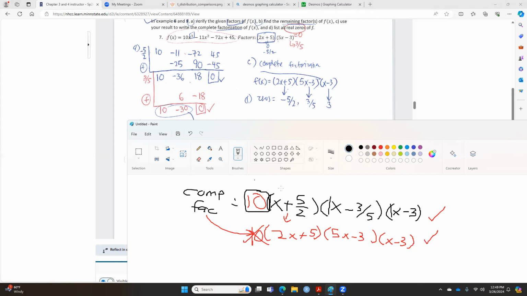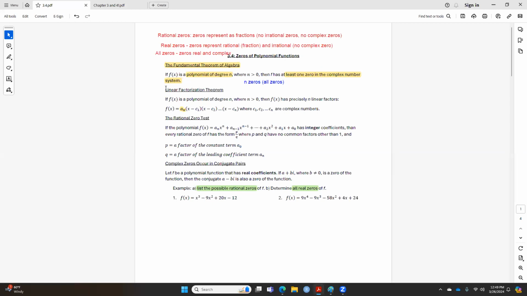And the last thing you need to do here is, don't forget to label this as f of x, the function of x, because this is in function form. So make sure you have that at the end. This is what we call the complete factorization form, and that is what we're talking about in this part here. Okay, so it looks something like that. Don't forget the f of x and then all this factor form.